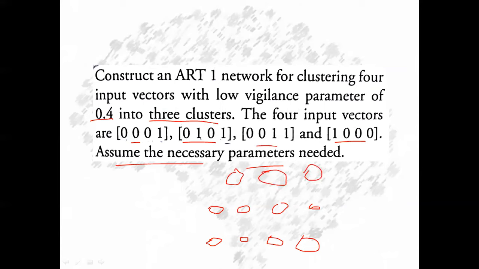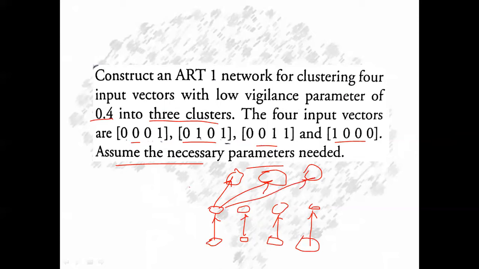So the connections are like this, that input layer is connected with the input interface layer, 1:1. Then our output layer is connected with each neuron of the input interface layer by using our weight vector.